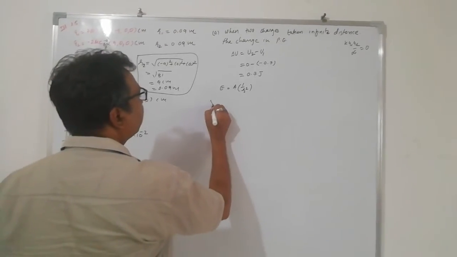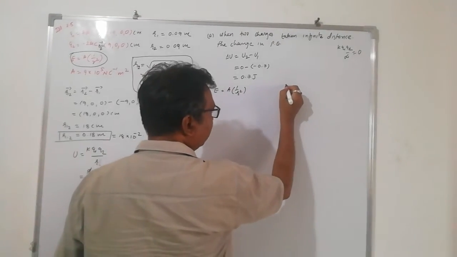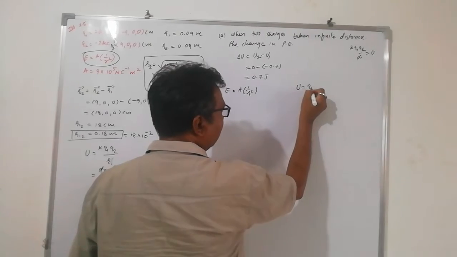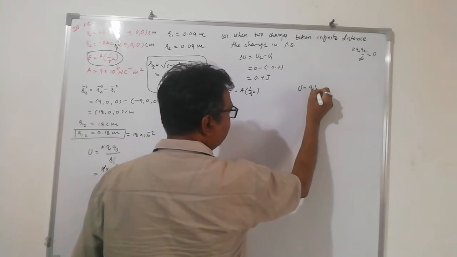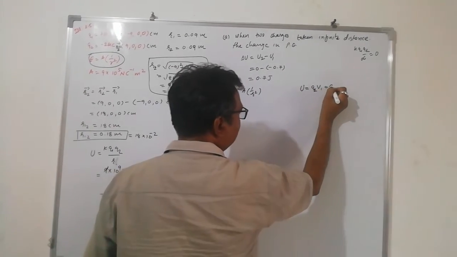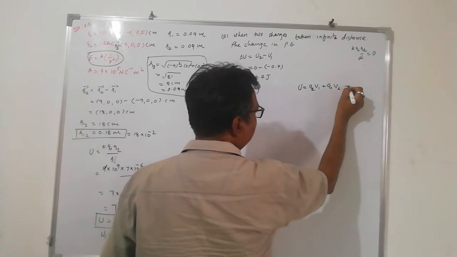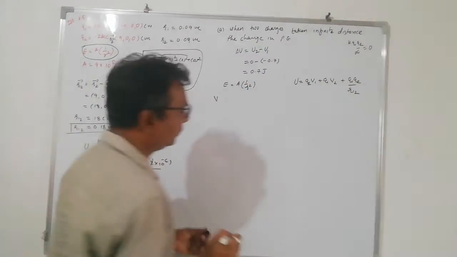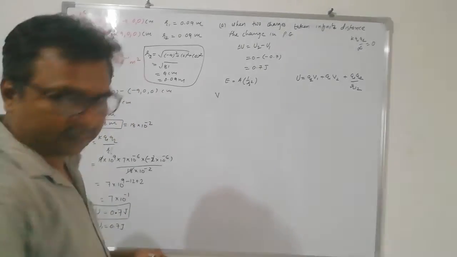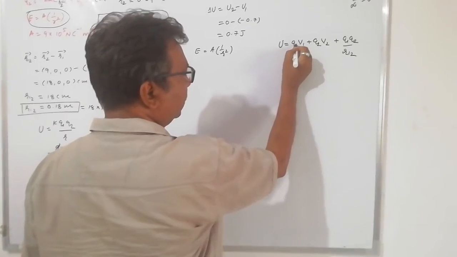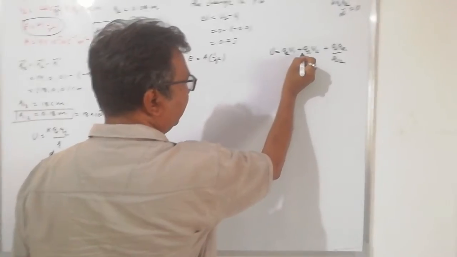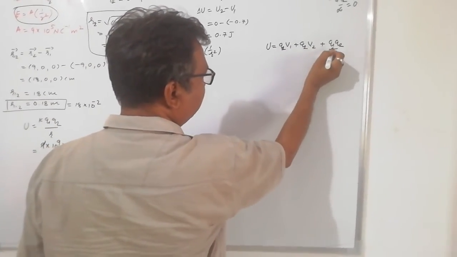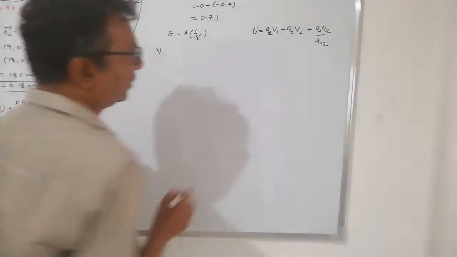First of all, you have to apply the formula Q1 V1 plus Q2 V2 plus Q1 Q2 upon R12. You have to use this formula.